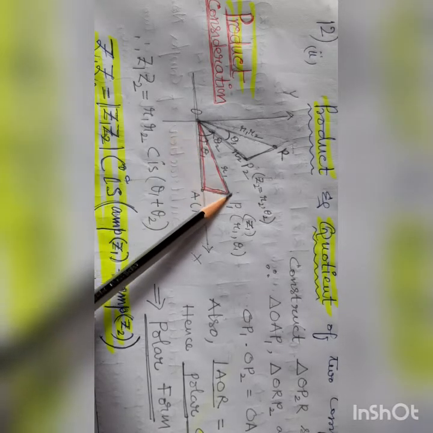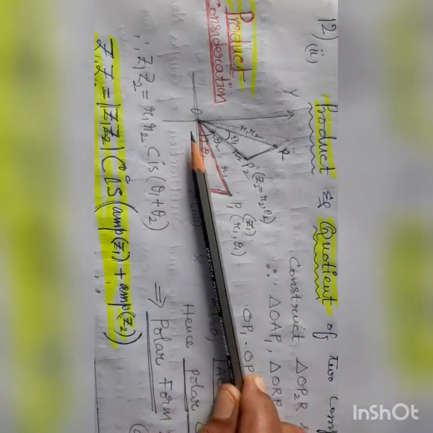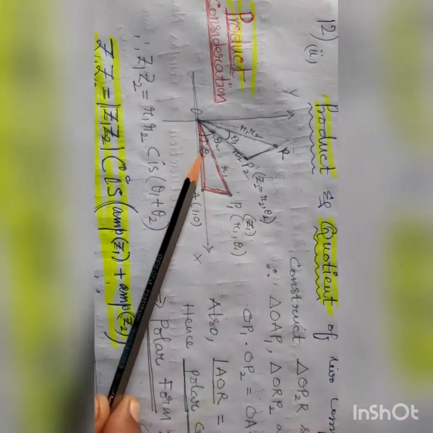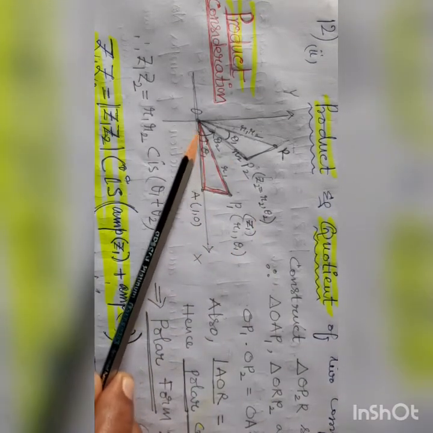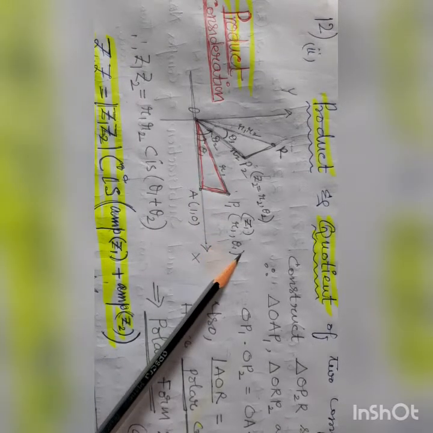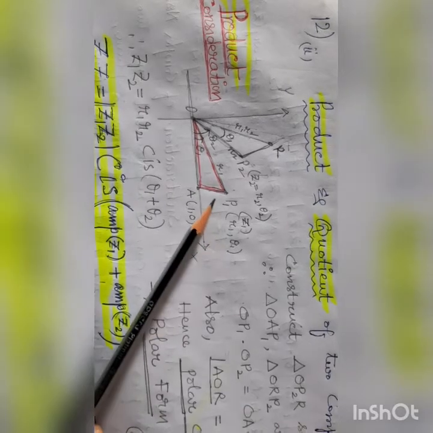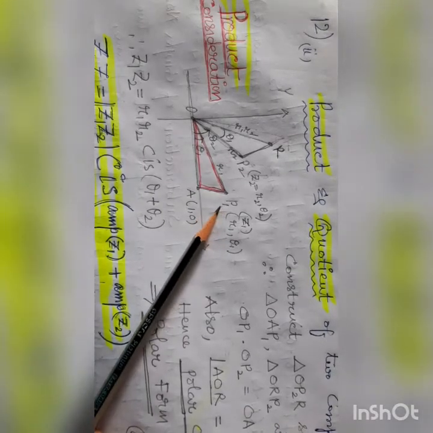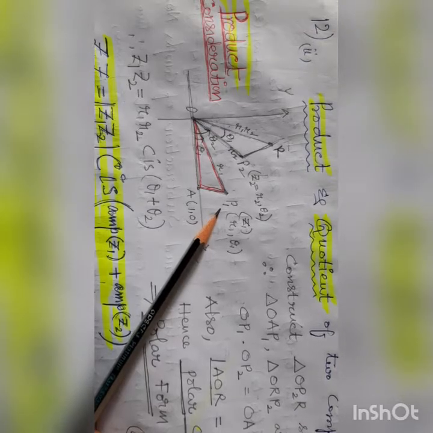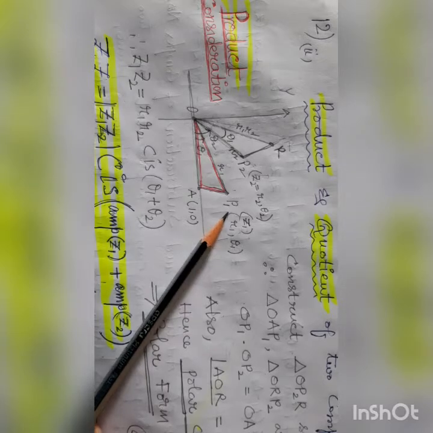OP1 is the ray that turns through the swept angle theta 1, and OP1 length is R1. In this way a point is represented in the polar system. So in the complex number system we use the polar system also, which is connected with the vector system.